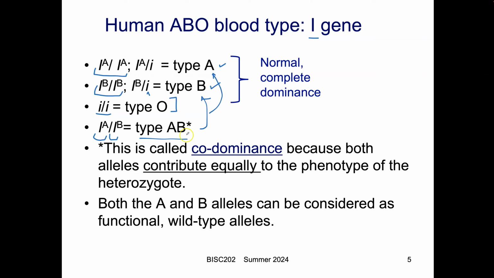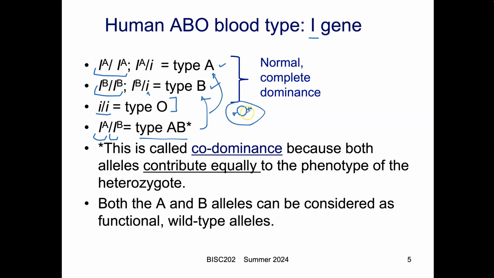And it turns out that if you look on the surface of the blood cells, the type A allele has a protein on it with a certain shape. The type B allele has a protein with a different shape. And so when people are type AB, their blood cells have both of those shapes on there.